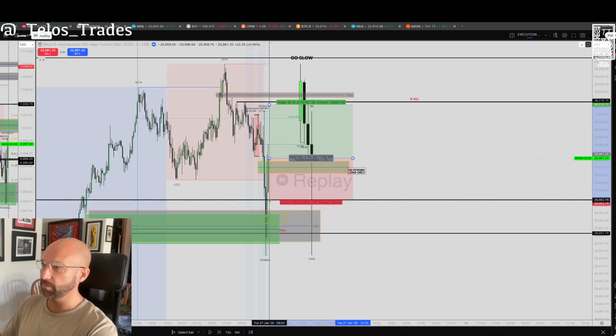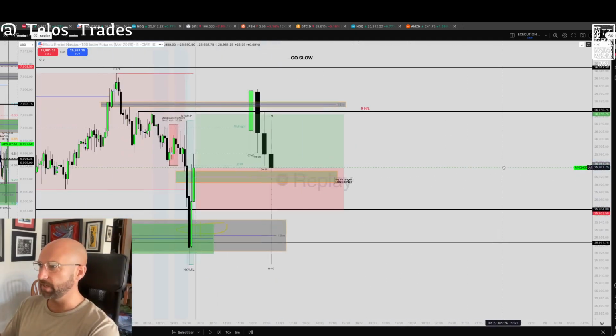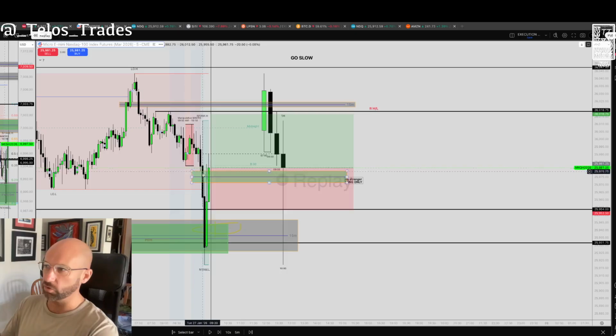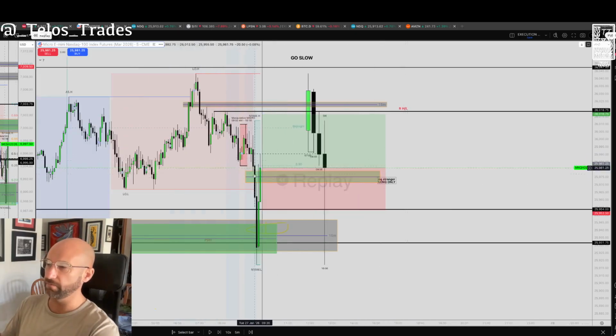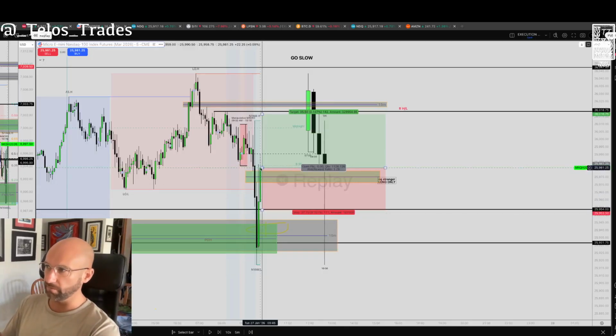My stop, I put just below this black line here, which is a support resistance line. Typically, I would just leave it at the wick extreme. So when I say the wick extreme of the candle formation of the BPR, if you look at this impulse candle that created the 5-minute gap that we inversed, typically I'll use either the candle that inversed it or the candle that created it.